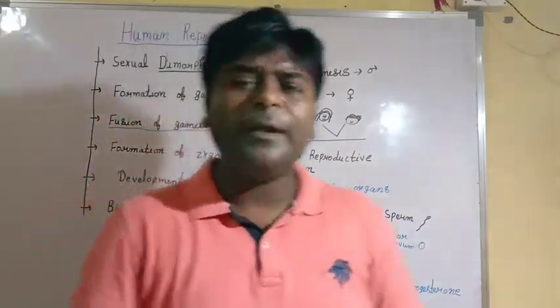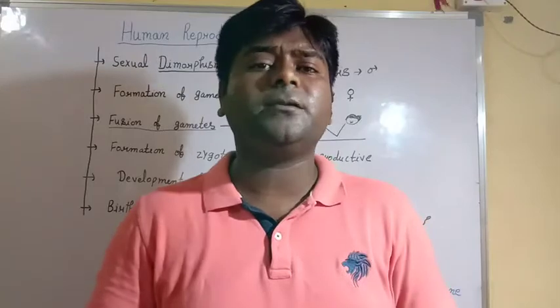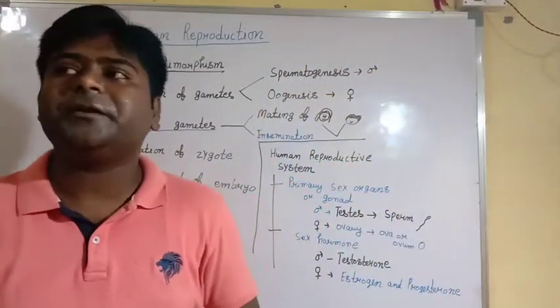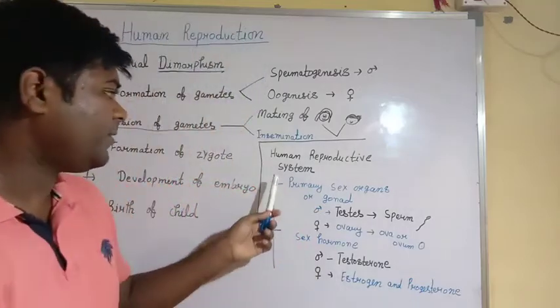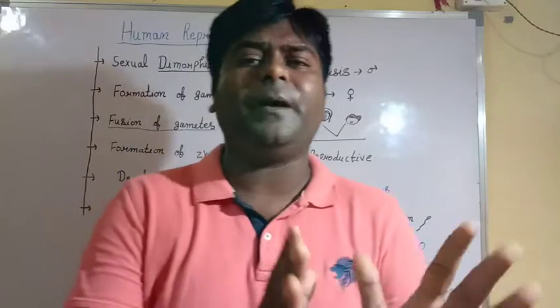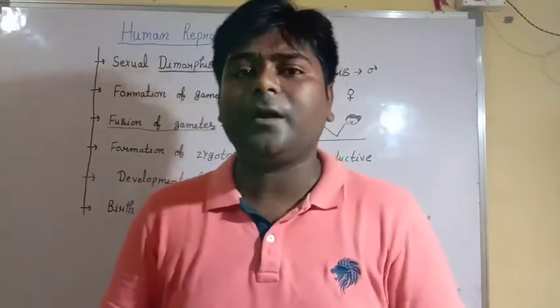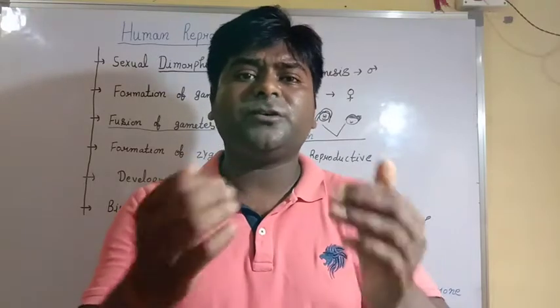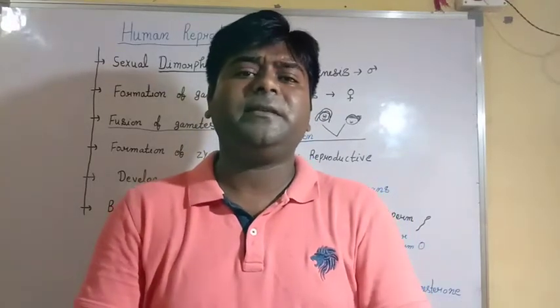Our next topic is the human reproductive system. When we take this topic, the human reproductive system is divided into 2 parts, that is primary sex organs and secondary sex organs. So first of all, you should be aware of primary and secondary.